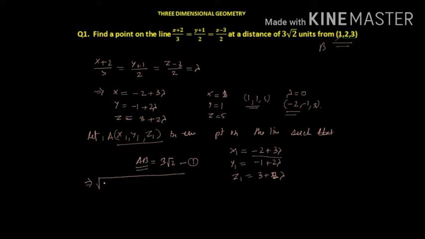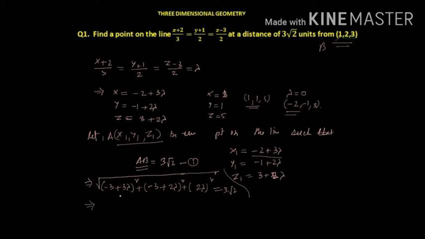This minus 1, how much will it be? This minus 1 will be giving you minus 3 lambda whole square. Then next, this thing minus 2, so what will I get? Minus 3 plus 2 lambda whole square, and then this minus 3, so what will I get? 2 lambda whole square, and the root of this whole thing equal to 3√2.